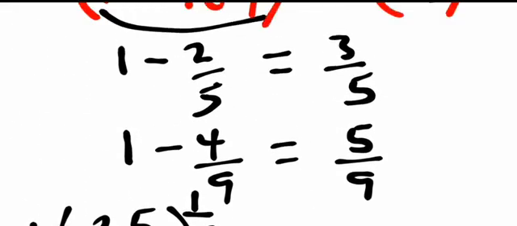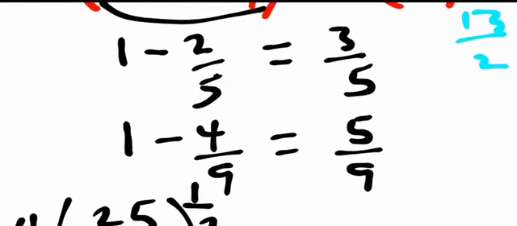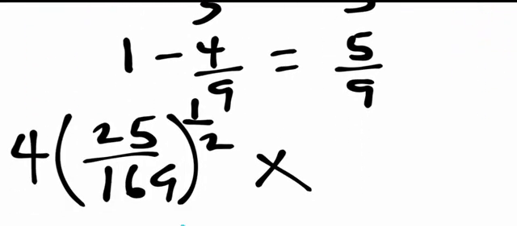So now if I take the reciprocal of what we have here inside this bracket, because we are raising it to minus 1, reciprocal simply means that you take 1 over 2 over 13, and that's simply 13 over 2 there. So we write 13 over 2 now. Then we now have times 13 over 2 here.